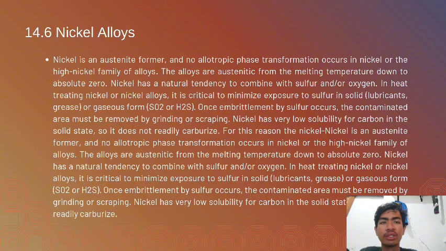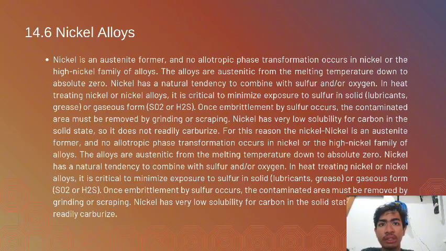6. Nickel alloy. Nickel is an austenite former and no allotropic phase transformation occurs in nickel or the high nickel family of alloys. The alloys are austenitic from the melting temperature down to absolute zero. Nickel has a natural tendency to combine with sulfur and oxygen.